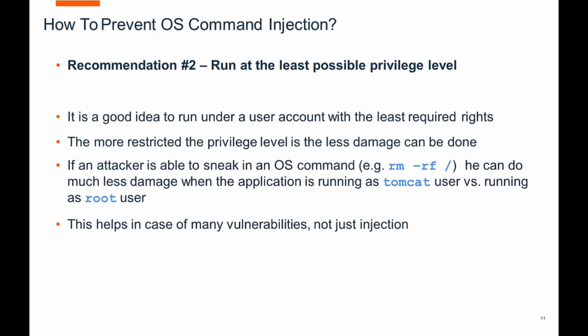So, let's say you are allowing it to delete a particular file. If an application runs as a root user, it can delete all kinds of important operating system files. But when it runs as the Tomcat user, for example, that set of files that can be deleted narrows significantly, and far less damage could be done. And this recommendation, running at the least possible privilege level, helps in case of many other vulnerabilities, not just injection.